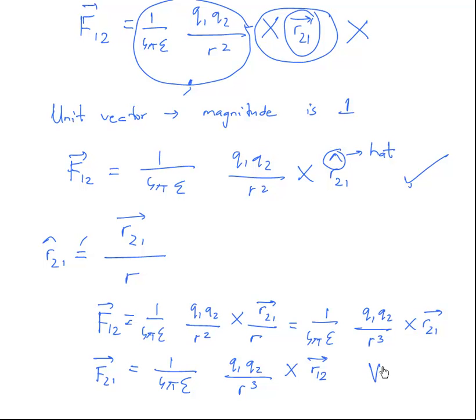This is what is called Coulomb's law in vector form, and it is the appropriate complete way of stating Coulomb's law. The fact that F12 and F21 are in opposite directions is immediately visible from this form.